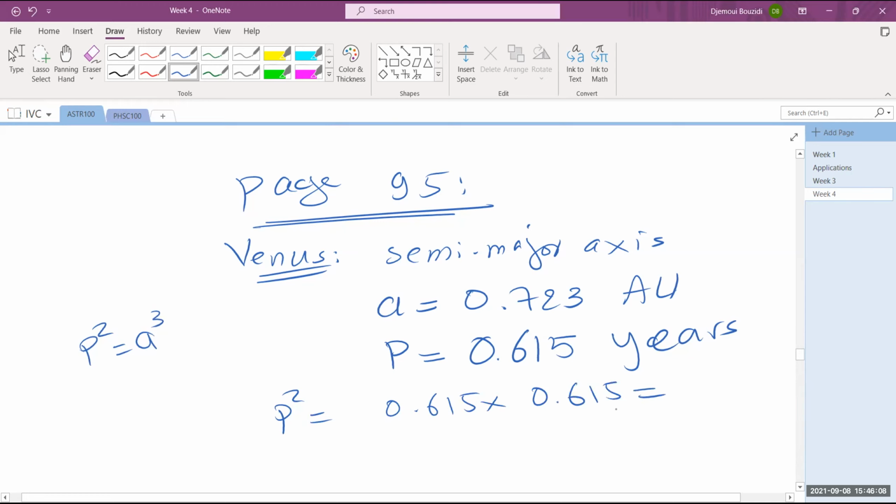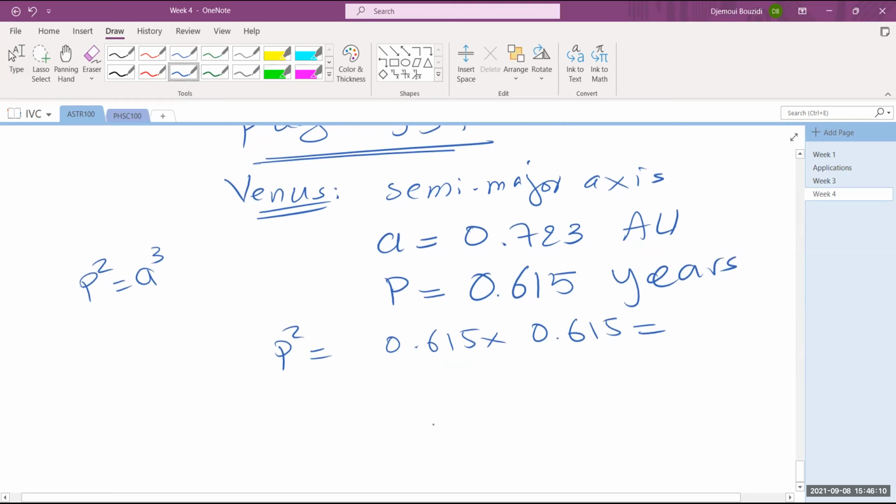Whatever I find in here, I need to compare it to a cubed, and a cubed is clearly equal to 0.723 times 0.723 times 0.723. Whatever I find in here, I need to compare the two numbers. Are they the same? That's what this is supposed to be.